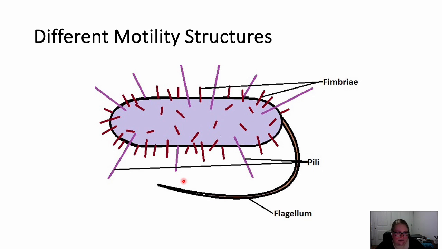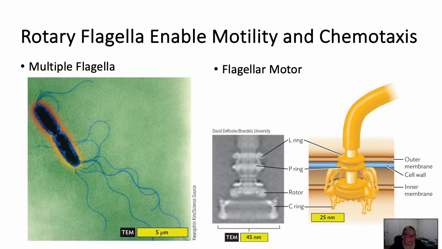Okay, this is the single form of flagella. Flagella is the plural. Okay, this flagellum is the main motility structure for bacteria. Okay, so eukaryotic cells also have flagella. An example of a human cell that has flagella is a sperm cell.